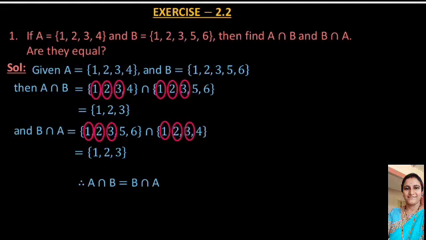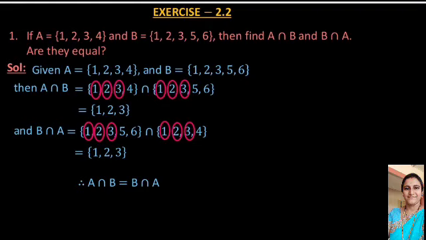In the same way, we find B intersection A. What are the common elements of both sets? Here also the common elements are the same, that is 1, 2, 3. So A intersection B is the set {1, 2, 3}, and in B intersection A also the common elements are 1, 2, 3.